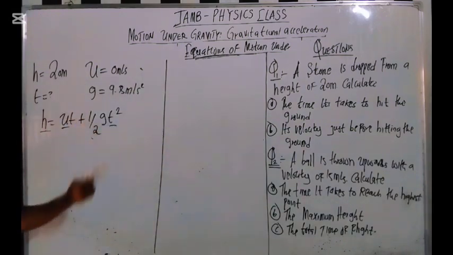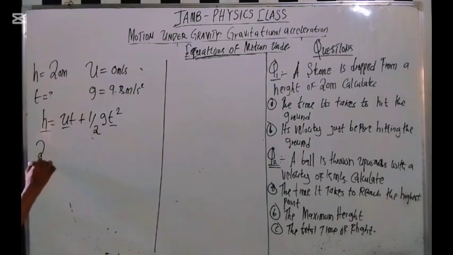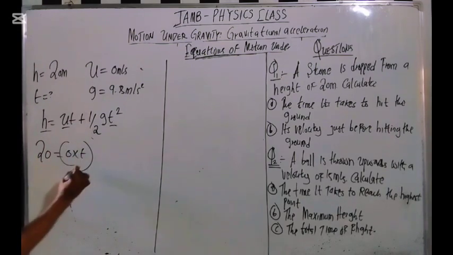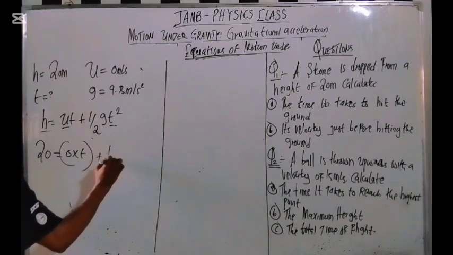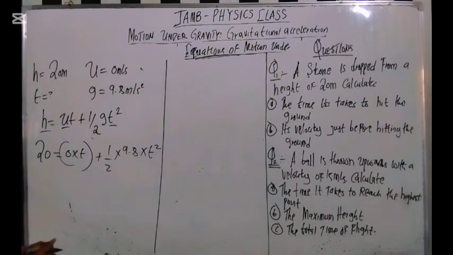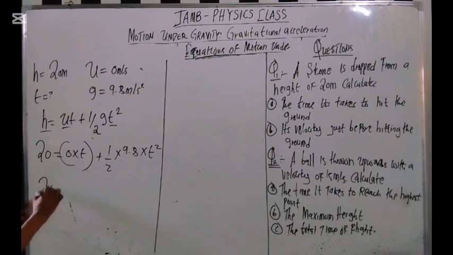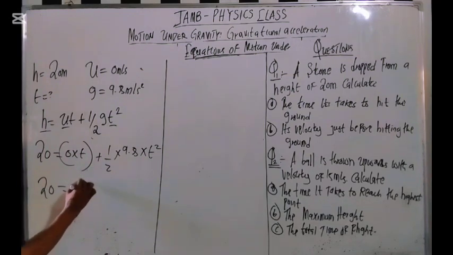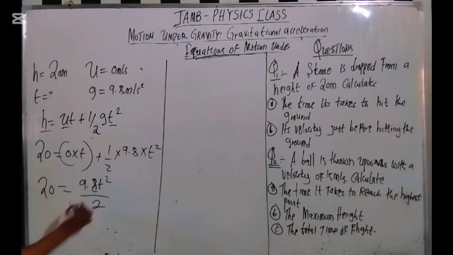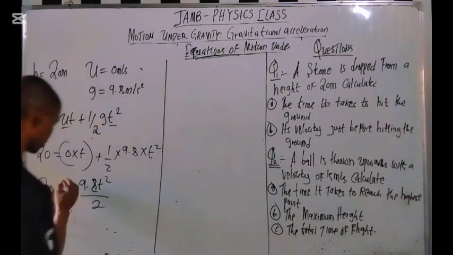So we have 20 equals 0 times t, which is 0, plus half times 9.8 times t squared. So 20 equals 9.8 t squared over 2.